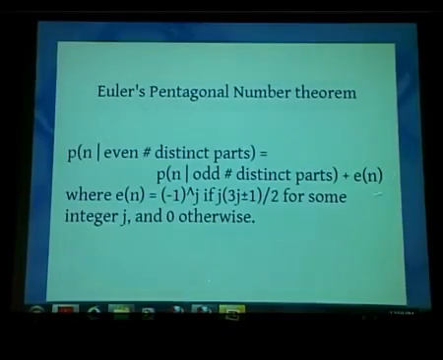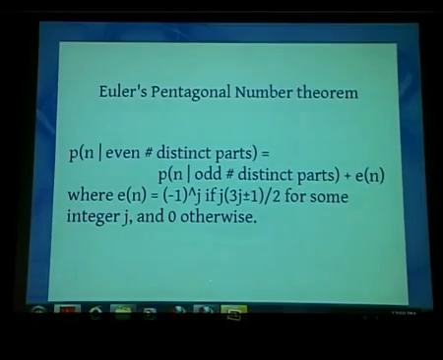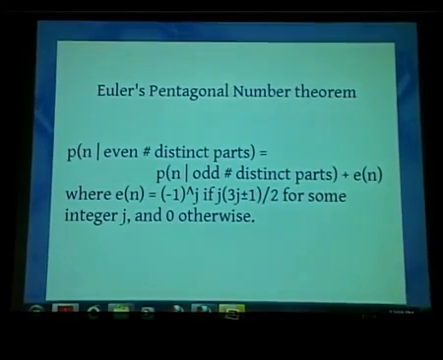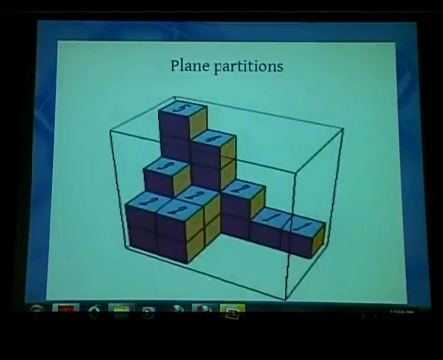Why this E of n comes is that they can't give exactly the bijection. Except for n who are pentagonal numbers, they are able to give the bijection, but when they are pentagonal numbers, they need to add or subtract some numbers. So for that he used this E of n. I am not going into the proof.